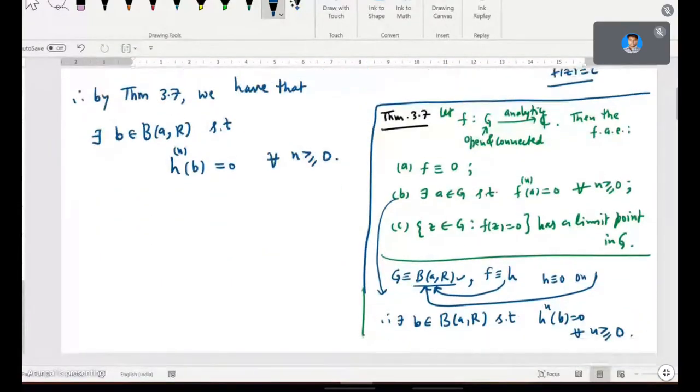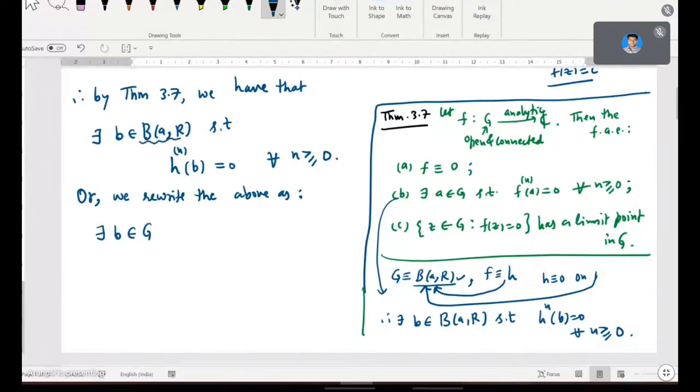Clear? Now class, see a little twist. We rewrite the above as: there exists a b in G. Class, take a note, the ball is contained in G. So I can say there exists a b, it is the same b, it is in G, such that the remaining is same.